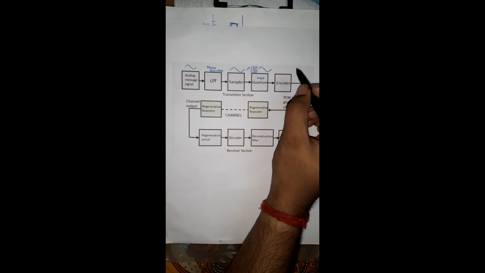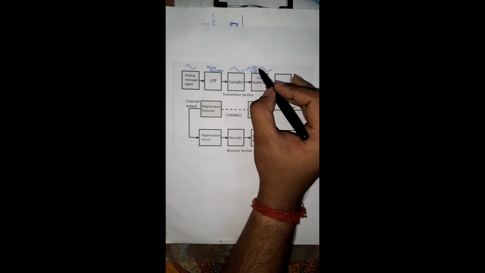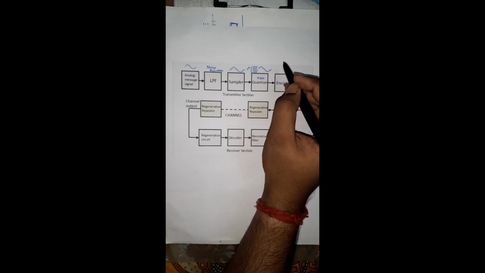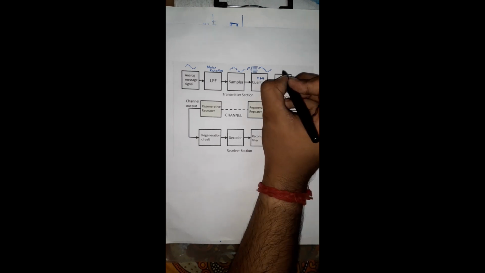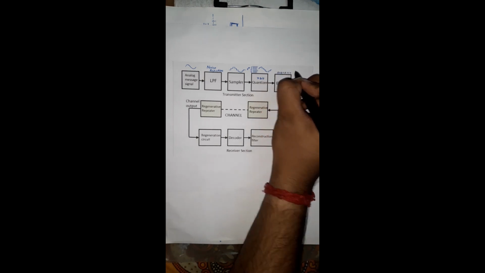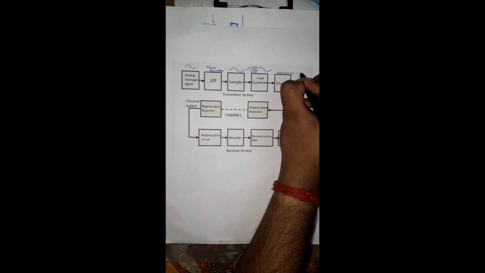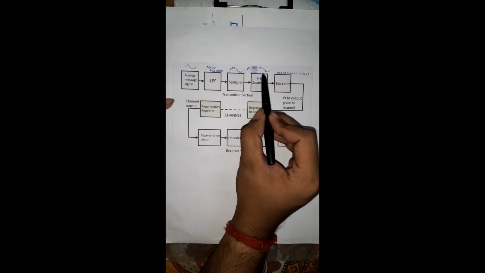What is the encoder? The encoder is just assigning values to the sampled or discretized amplitude values. From the encoder, our bit pattern is generated, that is 0 0 1 0 1, I am giving a random bit pattern. The bit pattern is generated from these quantized values.